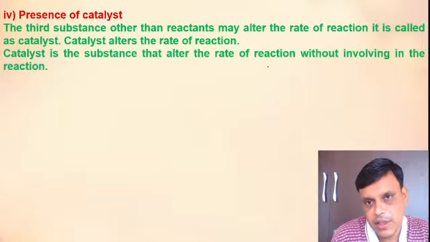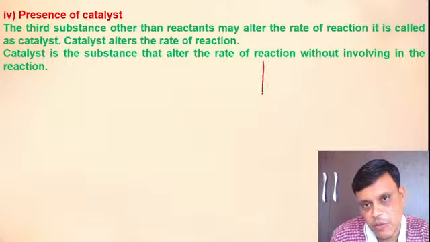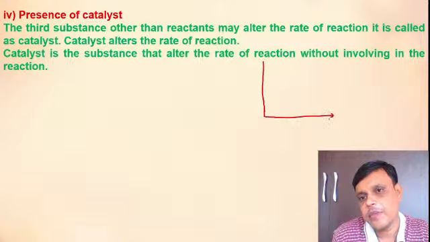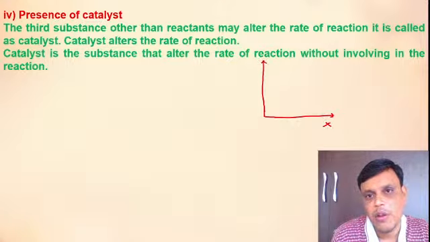I have discussed this diagram in the first lecture also. For example, this is your y-axis and this is your x-axis. On the y-axis there is energy, and on the x-axis there are reaction coordinates.